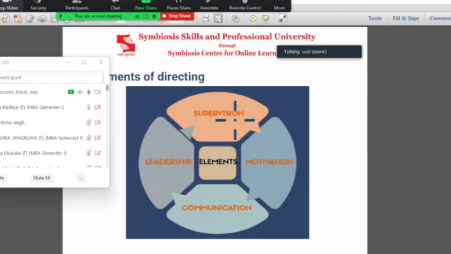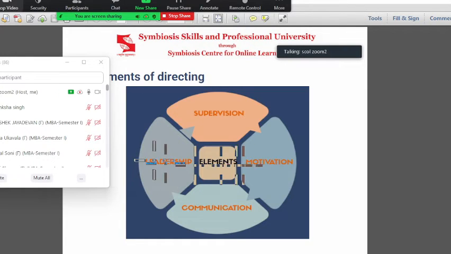Maybe supervision, you can take it as just the opposite of communication, where you are just observing, right? And motivation, you can take as a subset of leadership, because a good leader will always motivate positively, not negatively. Negative motivation is also there. If you keep on punishing, if you keep on warning the people that if you do not do it, then I'm going to fire you, I'm going to stop your increment, that is again motivation, but that is negative motivation.